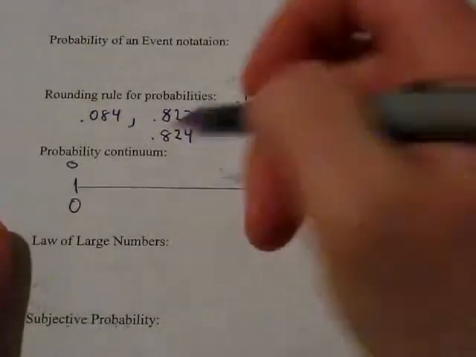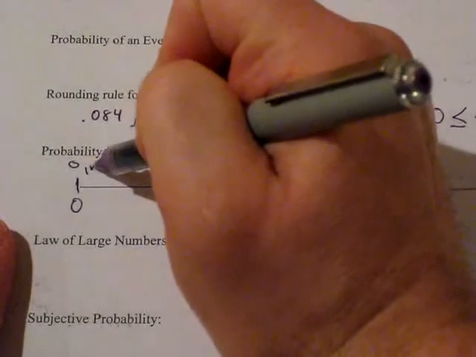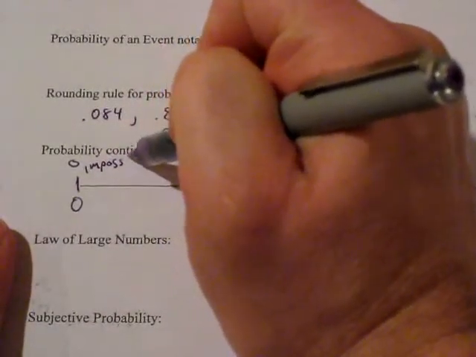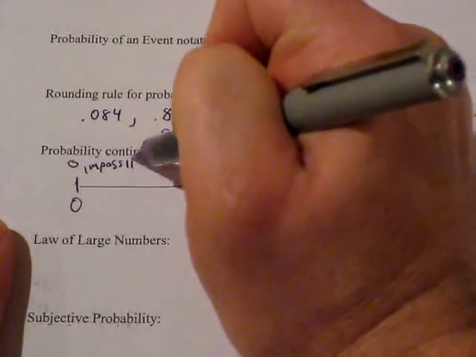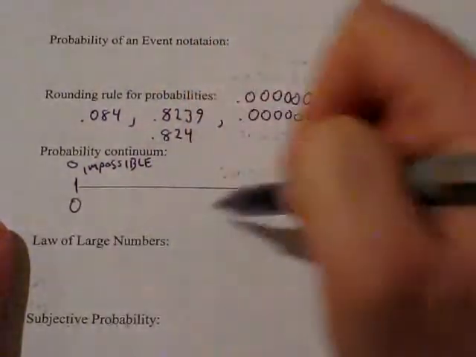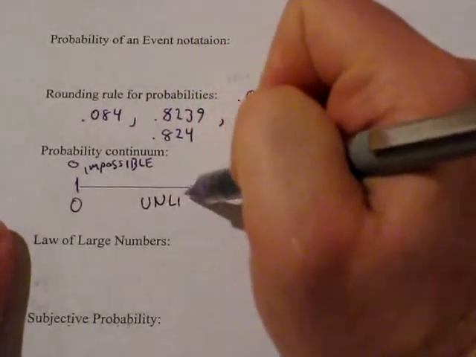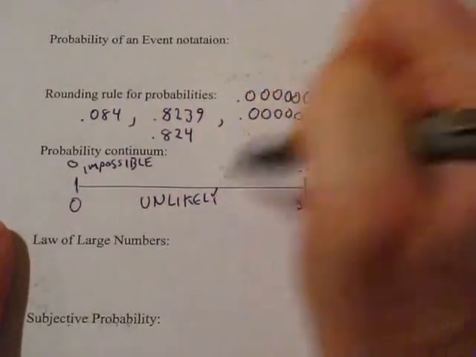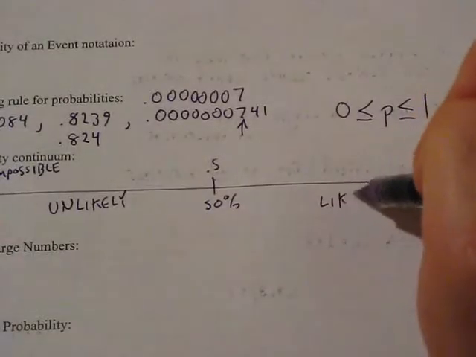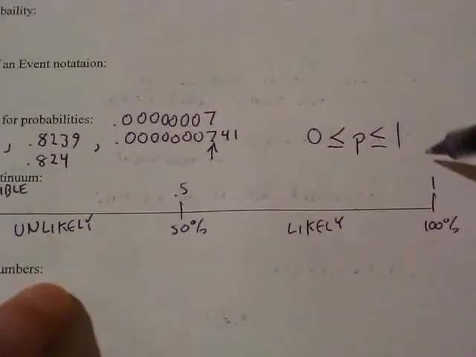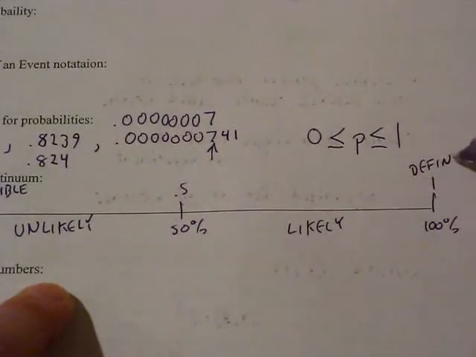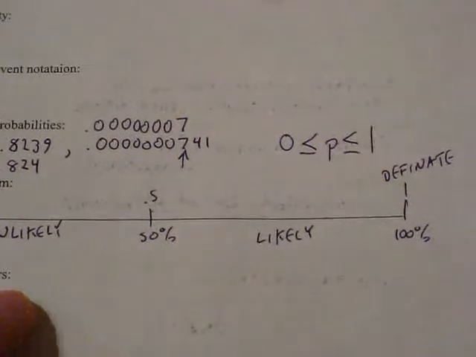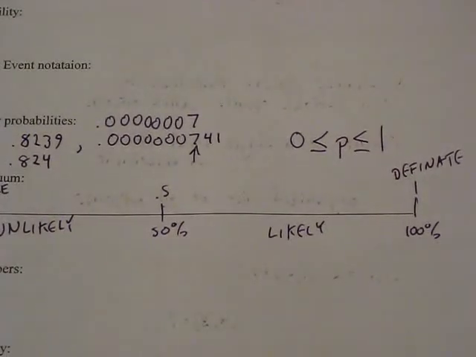If you have a 0 chance, this is basically impossible. This is unlikely, and this is very likely, and then this is definite. A 100% chance of happening is a definite situation.